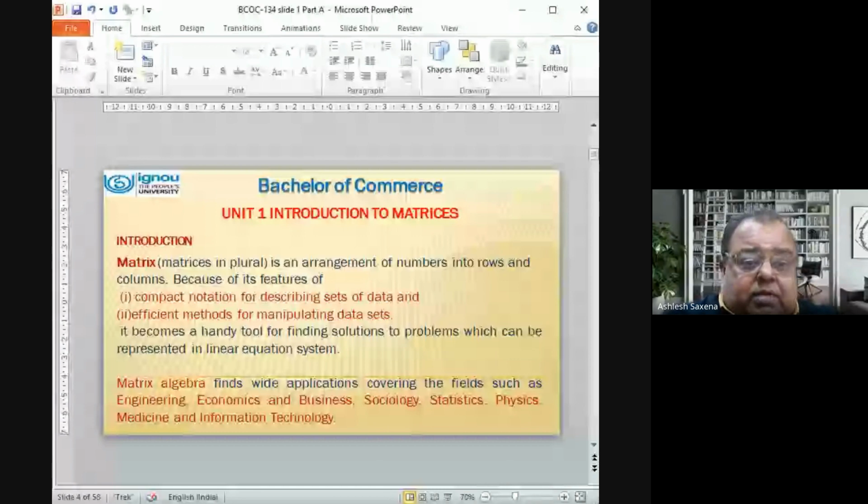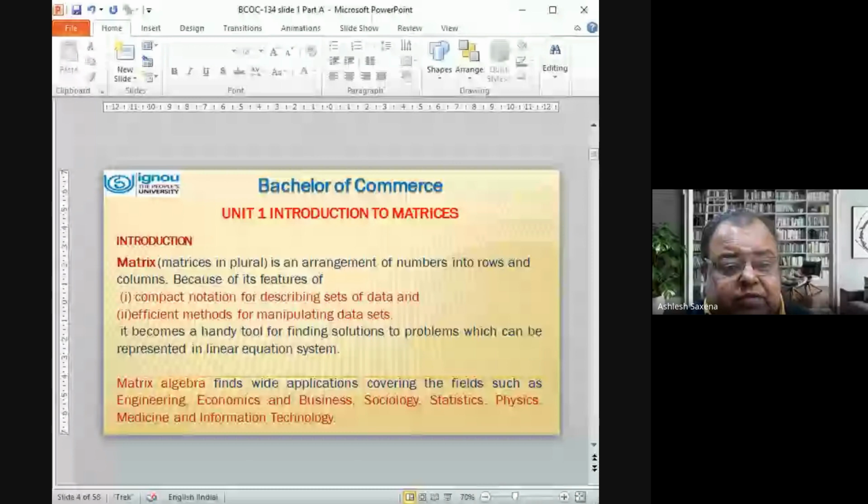We will start with introduction to matrices. Now the question arises: what is a matrix? Matrix is an arrangement of numbers into rows and columns.